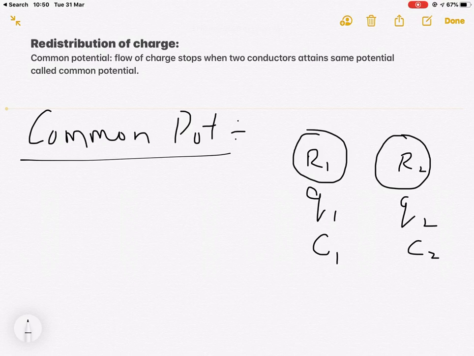So clearly, according to conservation of charge, when these two spheres are joined by a conducting wire, the total charge will remain conserved. Let the new charge on sphere 1 is Q1 dash and new charge on sphere 2 is Q2 dash.